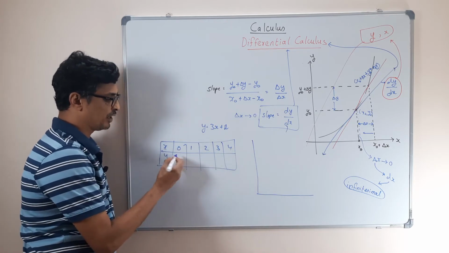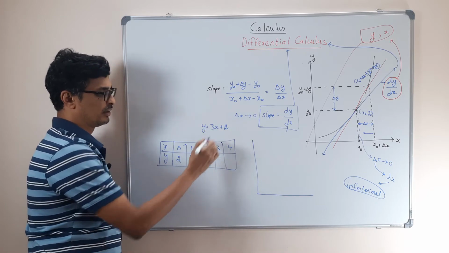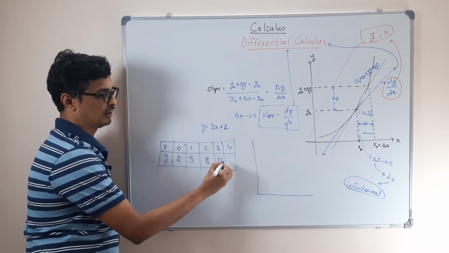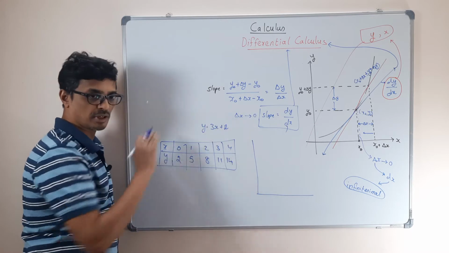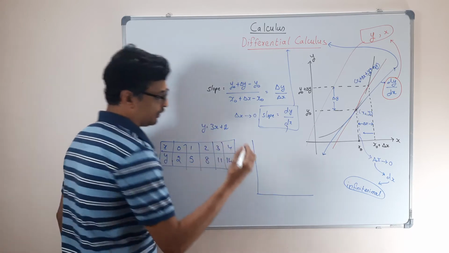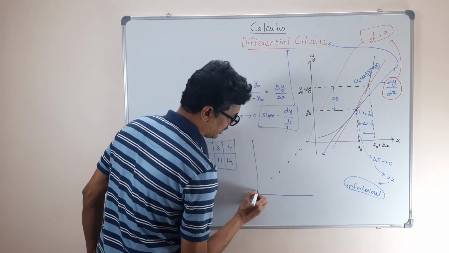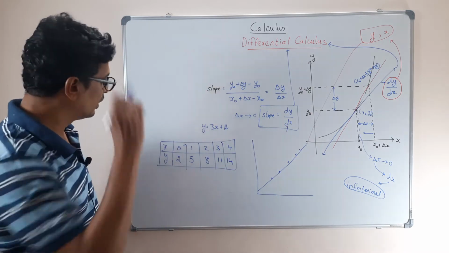What will be y here? 2. Here it is 5, 8, 11, 14. What you did was substitute the value of x there, correct? And then you plot the points and draw the straight line, something like that, right?